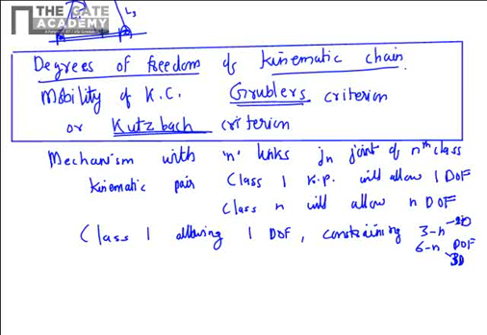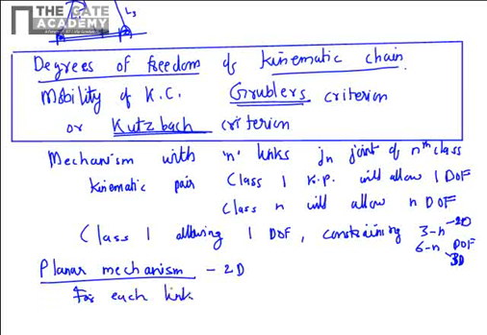So in the case of mechanisms, we will be normally studying planar mechanisms. So we will first derive this criteria for a planar mechanism, that means 2D. So there you have for each link 3 degrees of freedom.